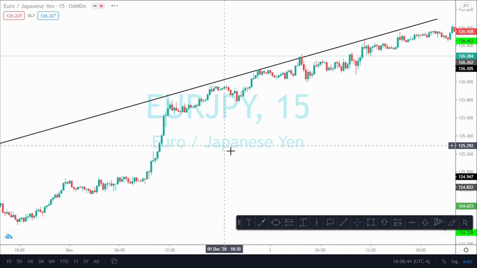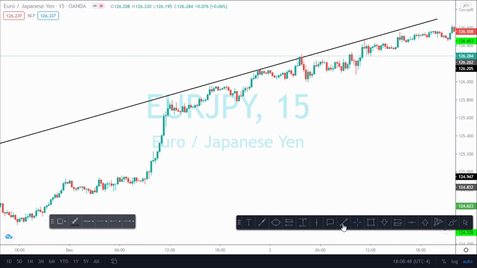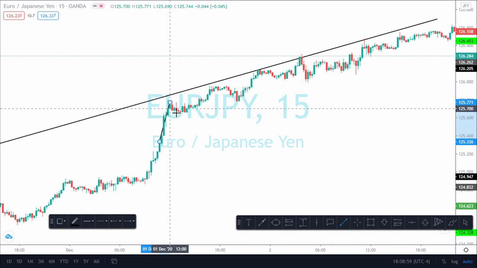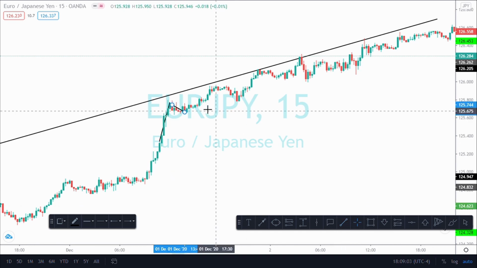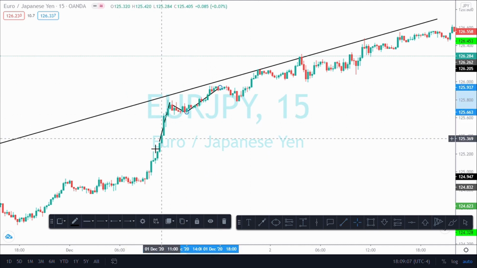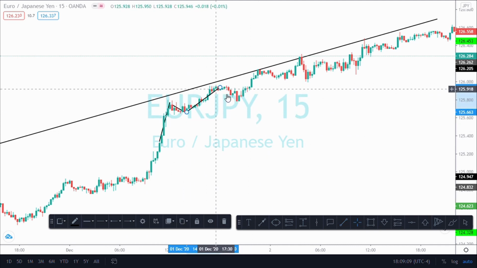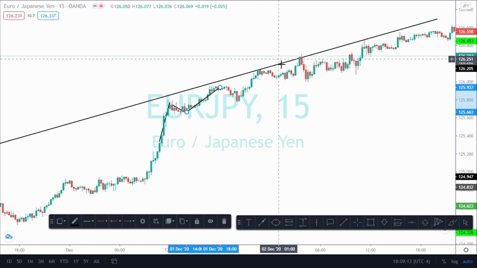Now you can actually see the proper break, and then the retest, and then you push again, and then you can make an entry maybe on the next one, right here, and you just ride the wave. You see me?